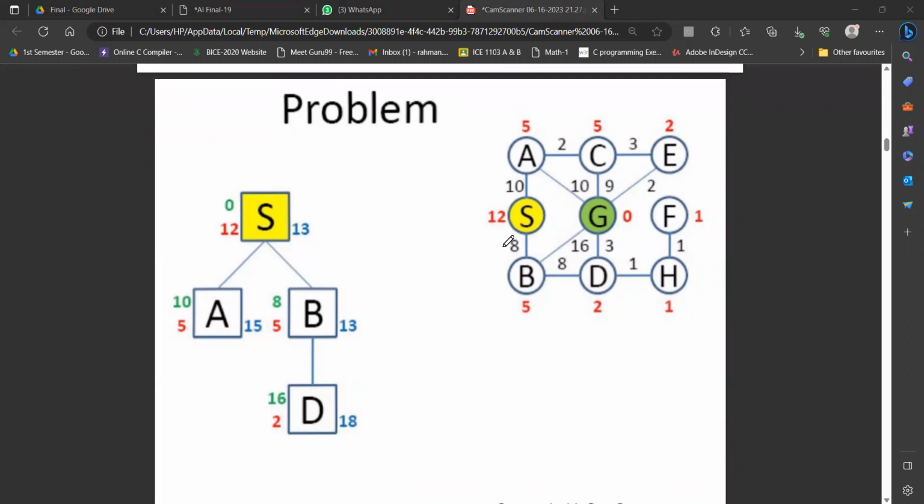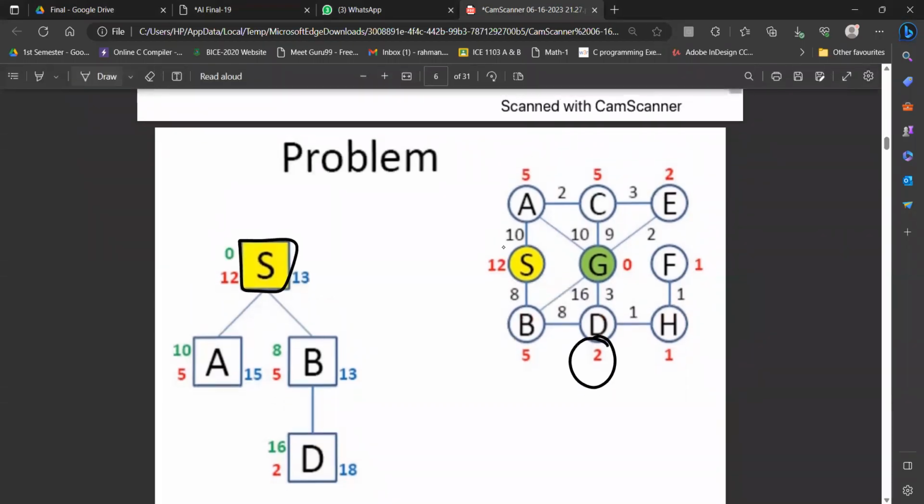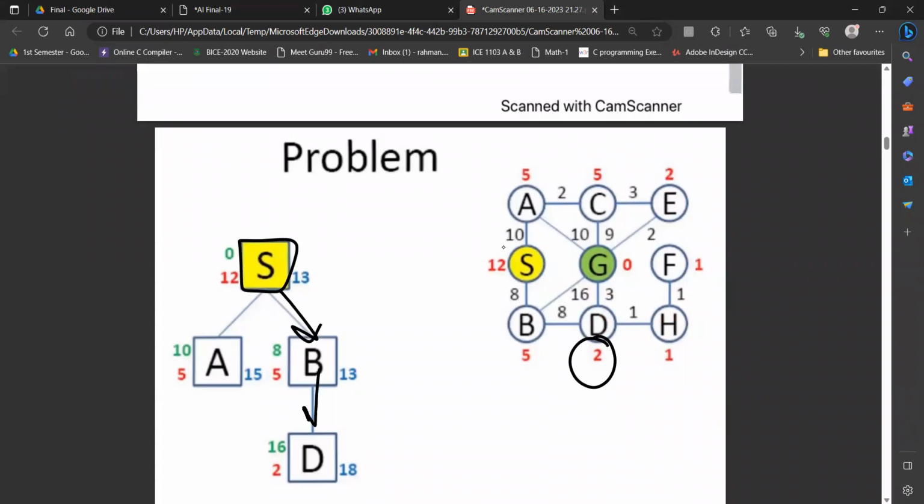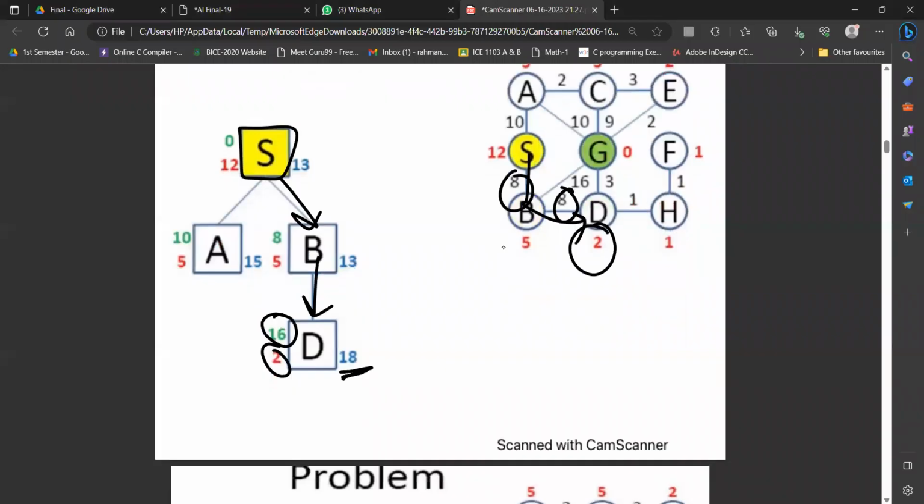The heuristic value of D is 2. And the path from S to B to D is 8 plus 8, 16, right? So that 16 sits here, 16 plus 2 adds up to 18. That's how we get this value.